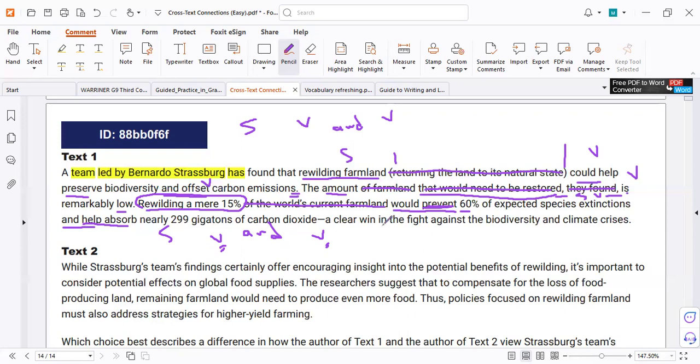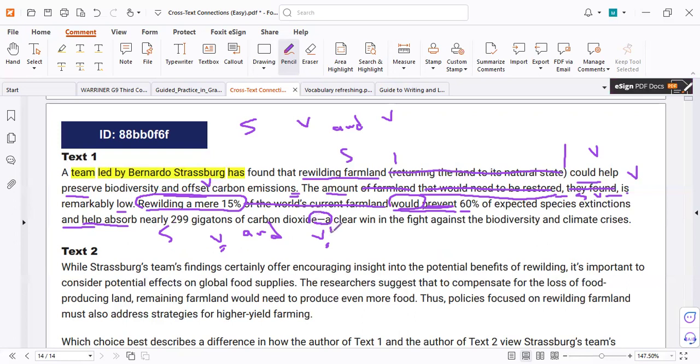And remember, they hypothesized, they guess, they think. It's not proved because they said would. Would means they hypothesize, they assume, they predict. Not happened, but they predict. So after reading the sentence, they can help absorb nearly this big number. And the dash.